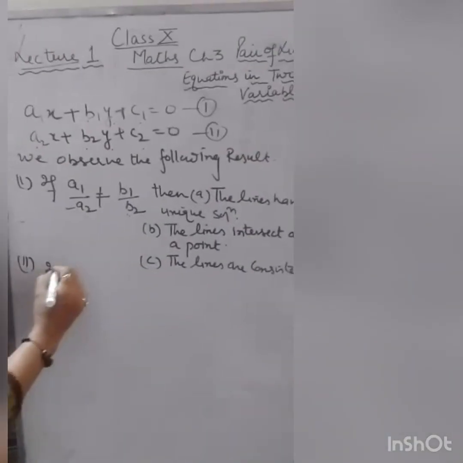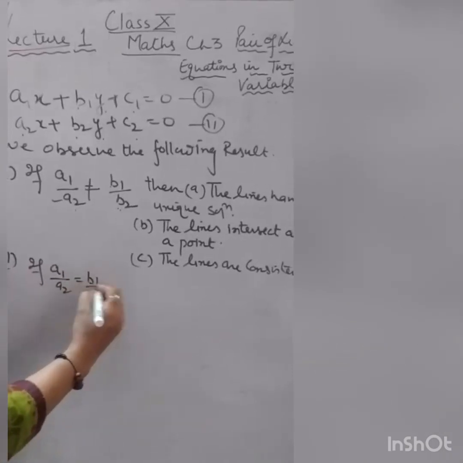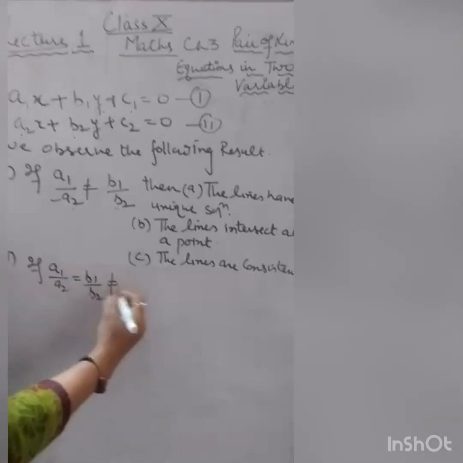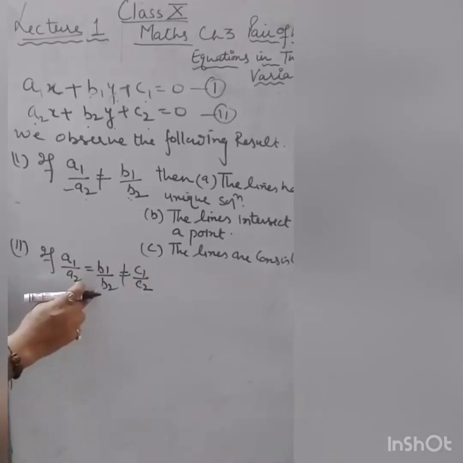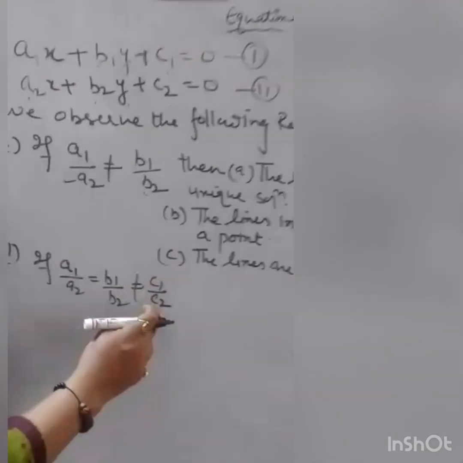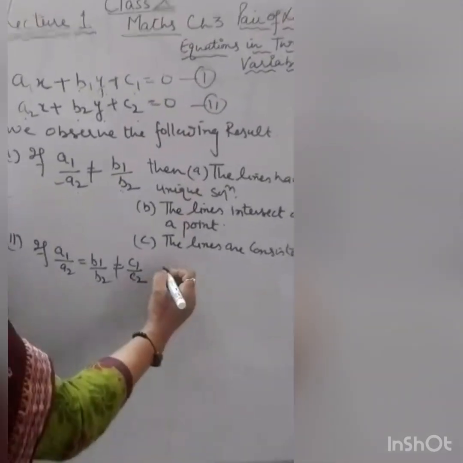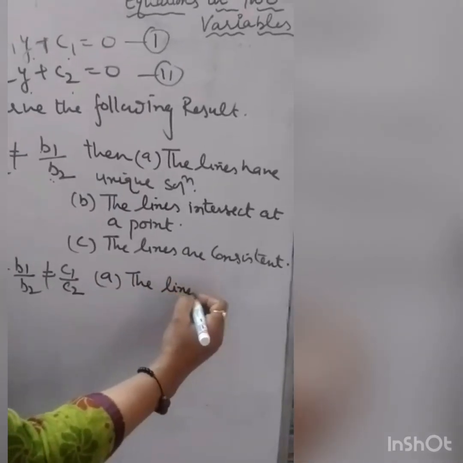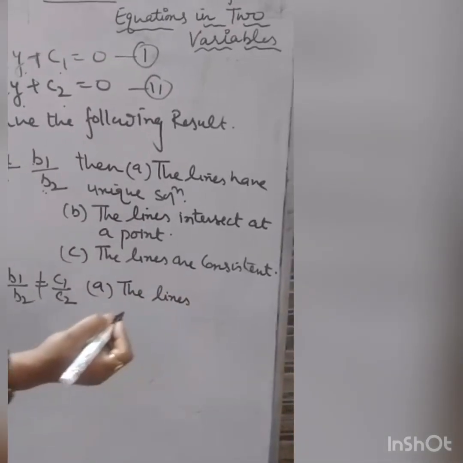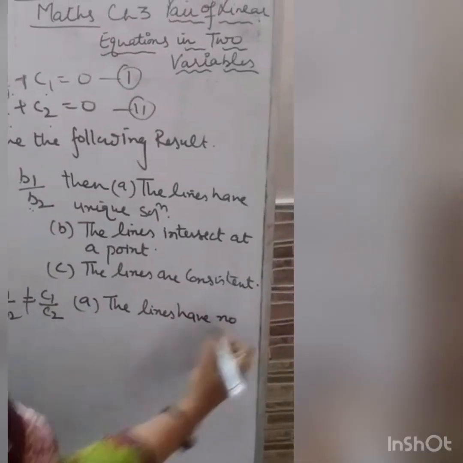Second case, if a1 upon a2 is equal to b1 upon b2 but not equal to c1 upon c2, means these two ratios are equal but these are not equal to c1 by c2. So you will say that the lines have no solution.